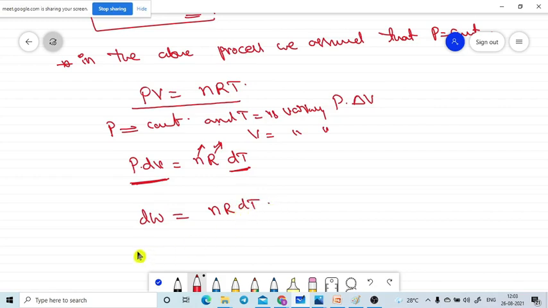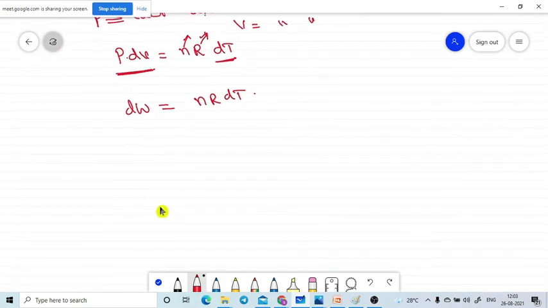But to get the total work done due to the ideal gas, what can we do? Just integrate. W is equal to nR integrated from the initial temperature Ti to the final temperature Tf of dT.